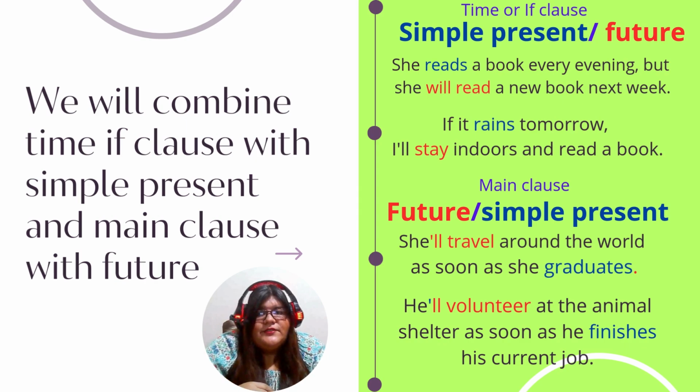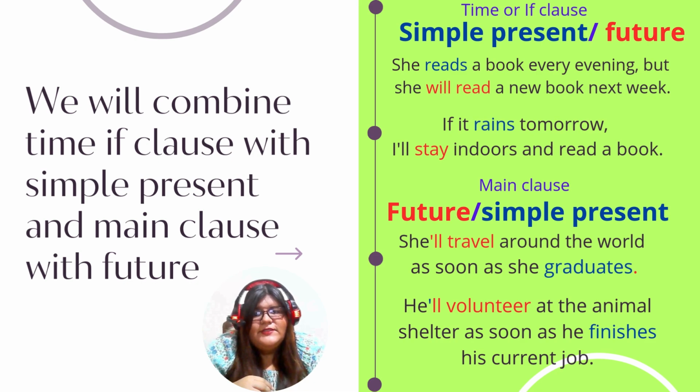For example, here, she reads a book every evening. You see, the whole sentence is in simple present. Then we have but. This but is to make the separation between the two parts, right? But she will read a new book next week.